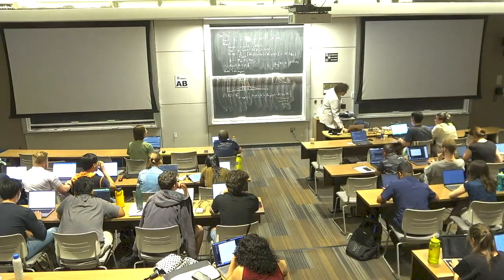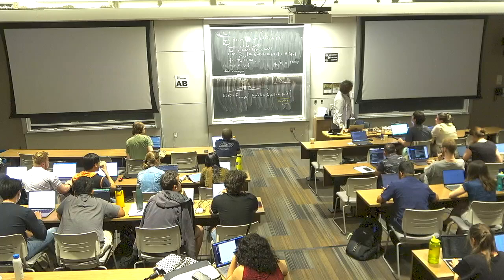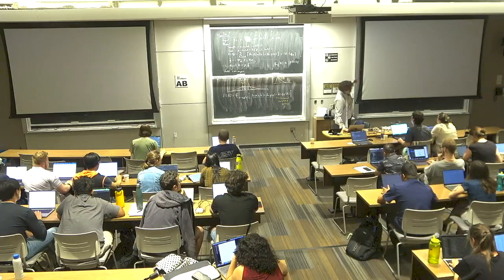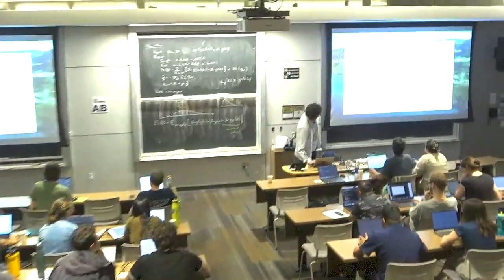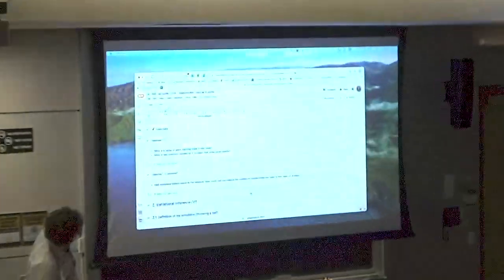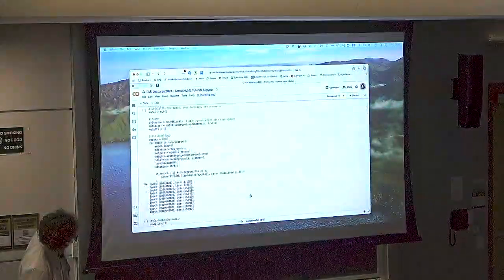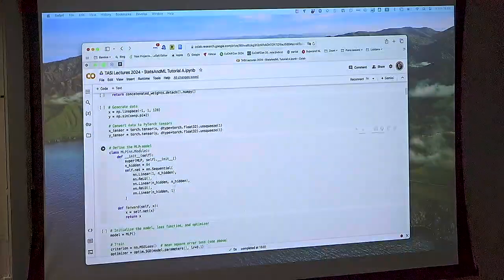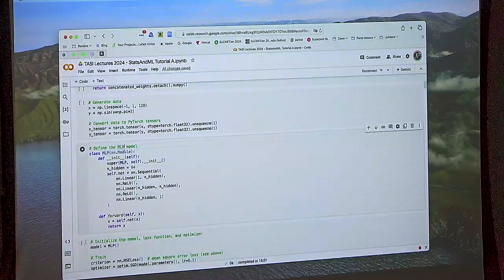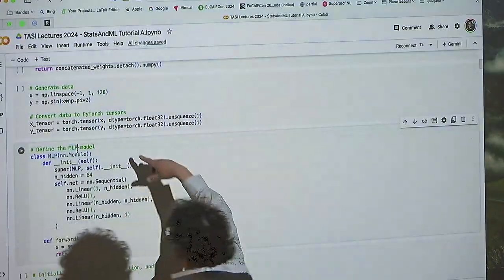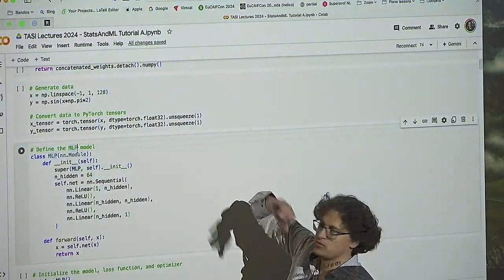Okay, good. These types of questions are great. So sequential, linear, right. This here is the definition of the neural network, called MLP here.